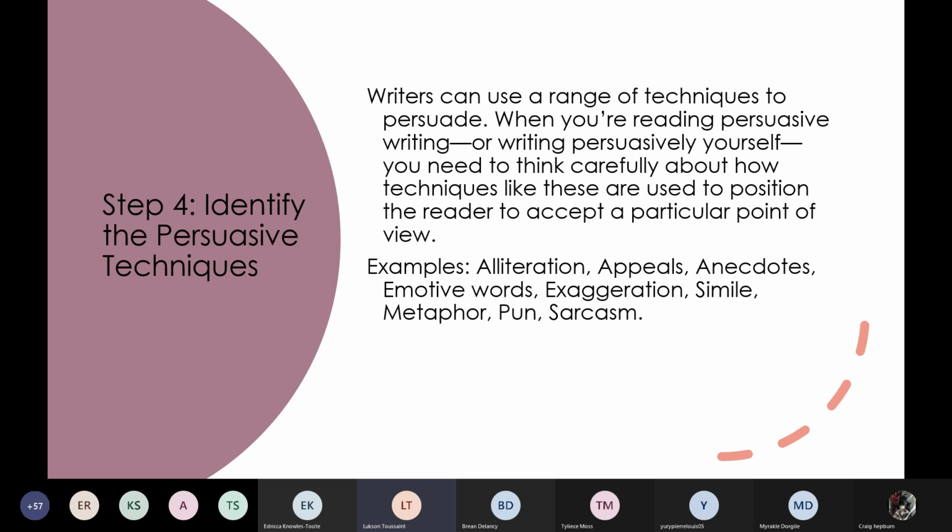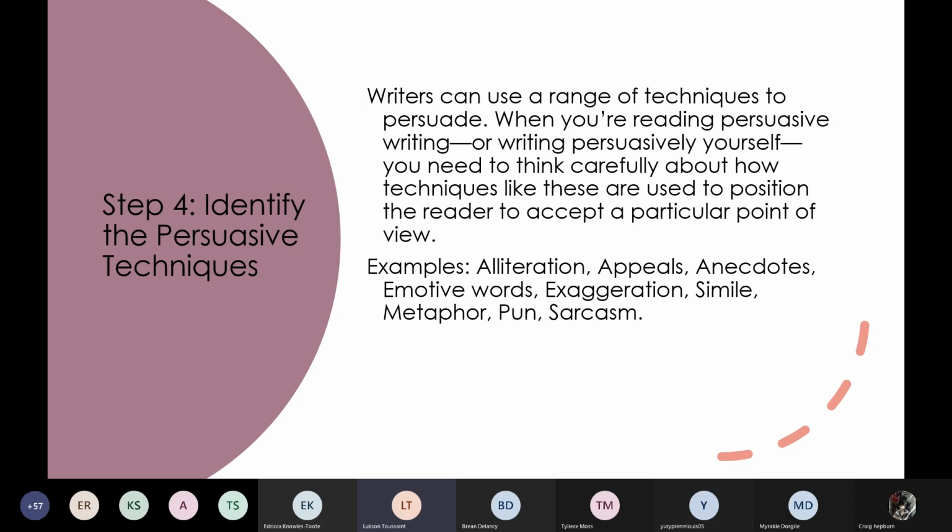So writers can use a range of techniques to persuade. When you're reading persuasive writing or writing persuasively yourself, you need to think carefully about how techniques like these are used to position the reader to accept a particular point of view.